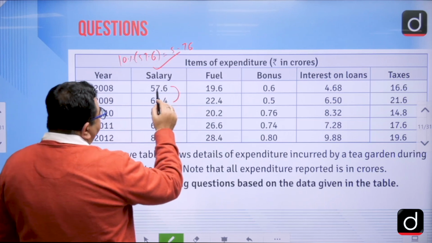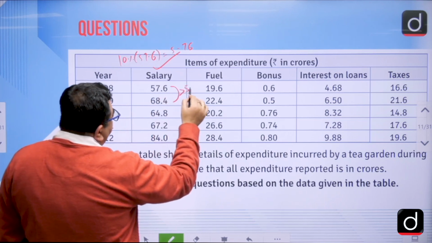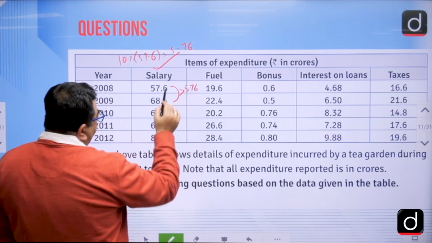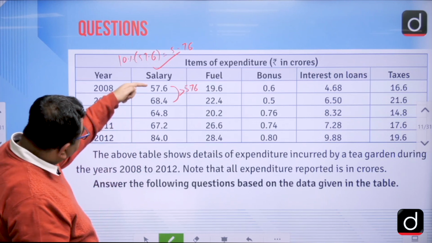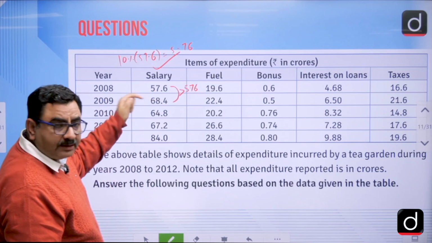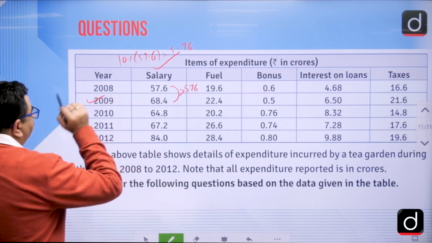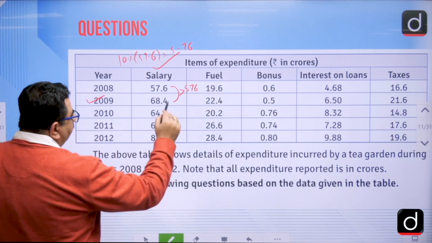So can I say, obviously this difference is more than 5.76. So can I say in the year 2009, the percentage increase is more than 10%. I hope it is correct, right? So in 2009.